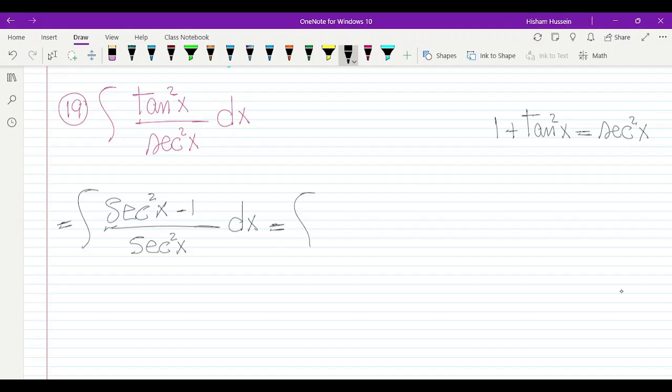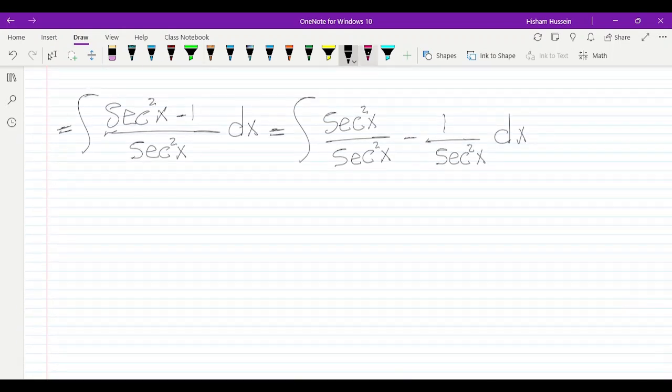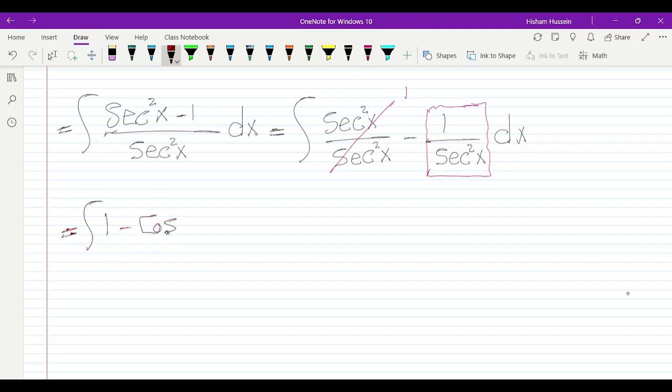That can be written as sec squared x divided by sec squared x minus 1 divided by sec squared x. Sec squared divided by sec squared is simply 1. 1 divided by sec squared is cosine squared. So the integral here will be the integration of 1 minus cosine squared x dx.